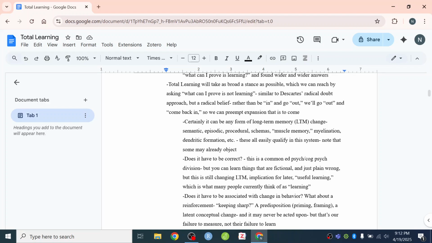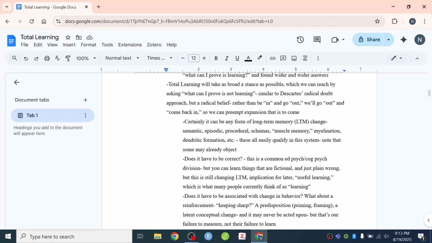All of these kinds of learning, the first mentioned, and these predispositions, the latent conceptual change, may never be acted upon. They're not necessarily going to be associated with a change in behavior, but that's a failure to measure. That's a failure to have an opportunity to display, not, we would say, a failure to learn, not necessarily no interaction with long-term memory.